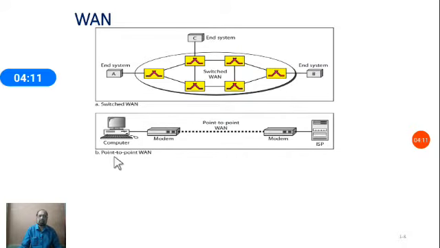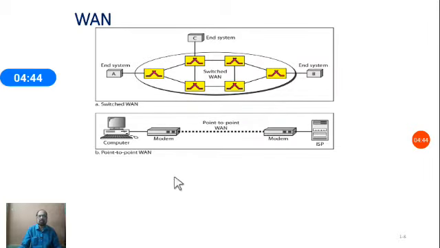If we consider a point-to-point communication system, one computer with a modem at one end and a second computer with a modem at the other end is the best example of a WAN system. In between, many computers are connected to each other. So the network is formed. Suppose this is a LAN, then combined LANs form a WAN, and when two devices are connected through a MAN, then it forms a WAN.